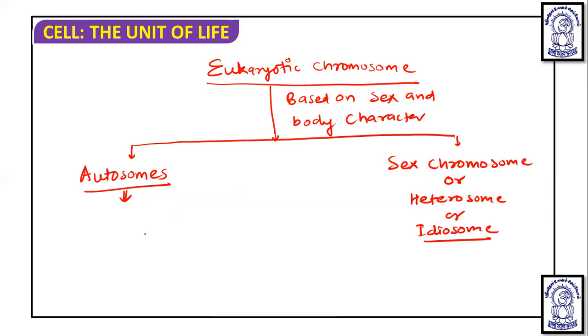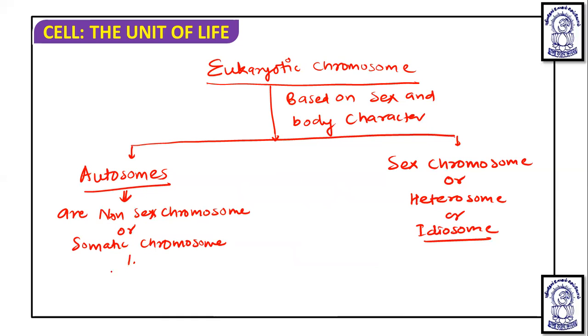If we talk about autosomes, they are also known as non-sex chromosomes, which means they do not have a role in identification of the sex of an individual. So they are also known as somatic chromosomes, and they have nothing to do with sex determination.